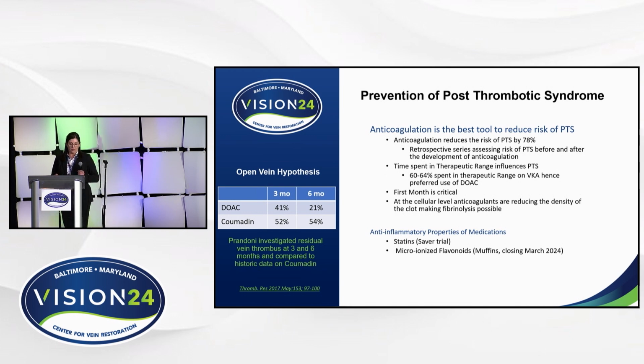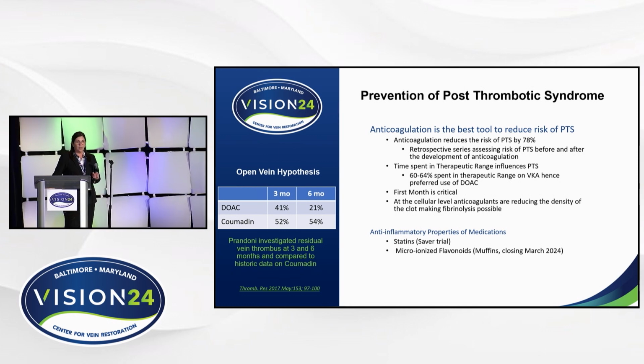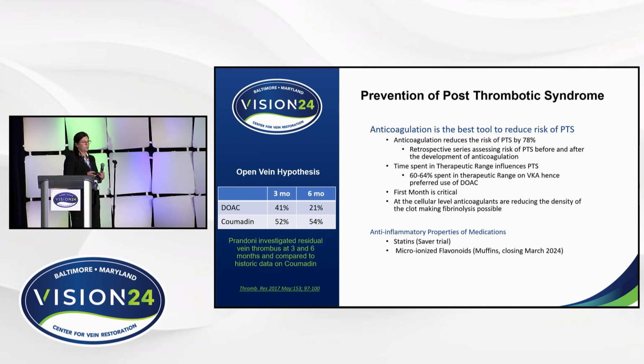But the other thing we have to talk about is all these studies have been done on Coumadin, right? And most of us know Prandoni's open vein hypothesis. And I think intellectually it just makes a lot of sense to most of us. And in 2017, what he did is he looked at first episode of VTE, scanned them at 3 months, scanned them at 6 months. Yeah, the slides, it's hard to see these.